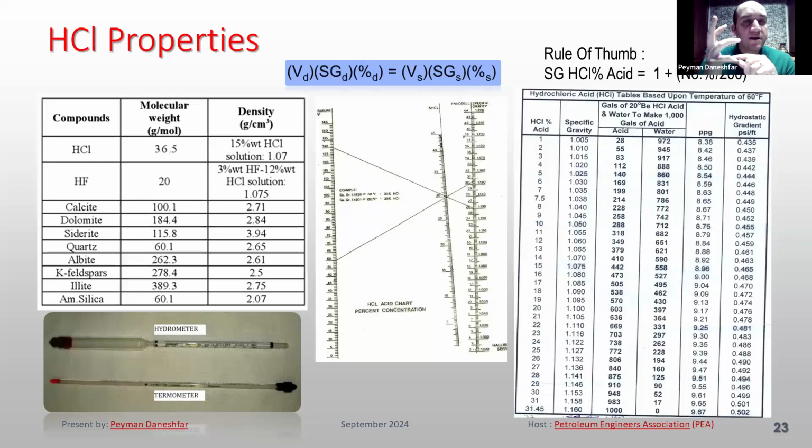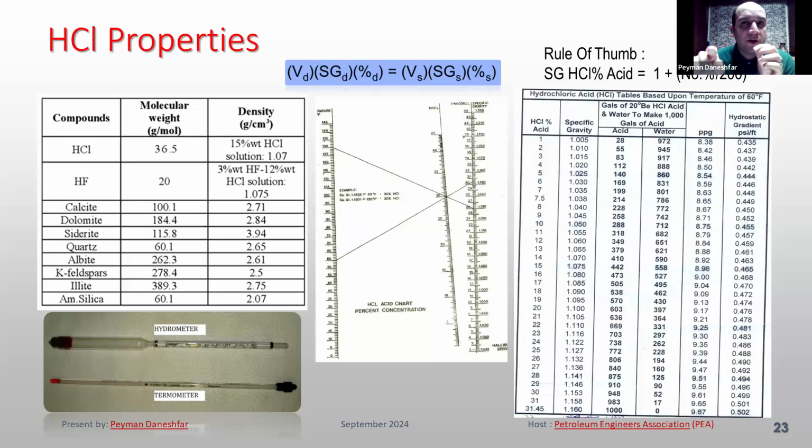For 5%, 1.025; 10%, 1.05; 15%, 1.075; and for 28%, 1.141; and also for 32%, 1.163.